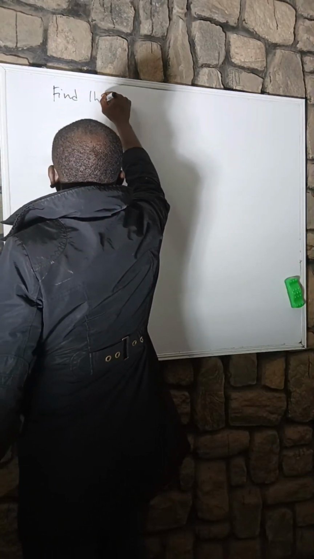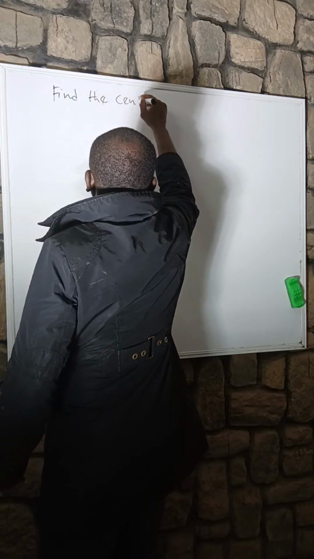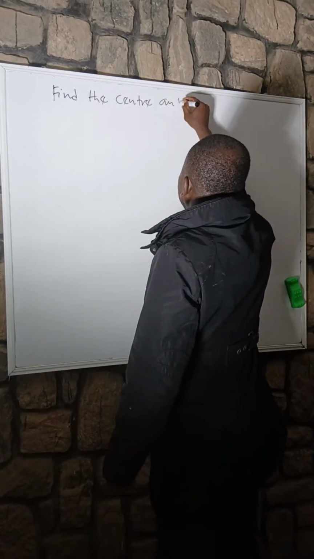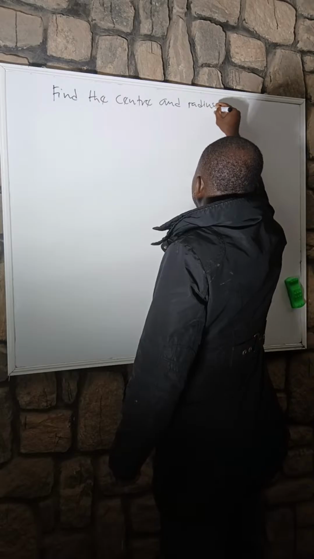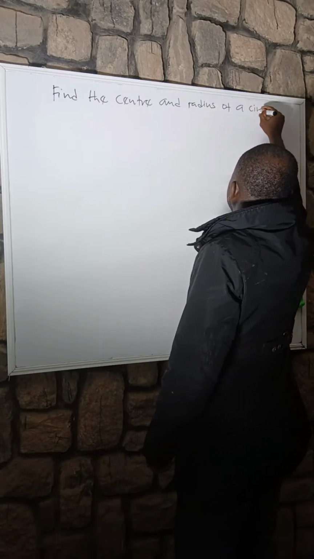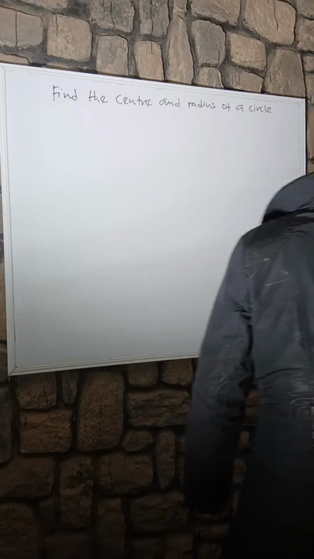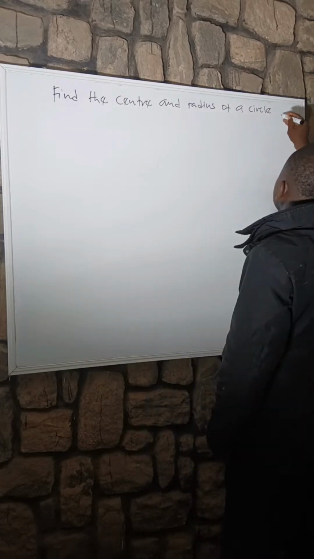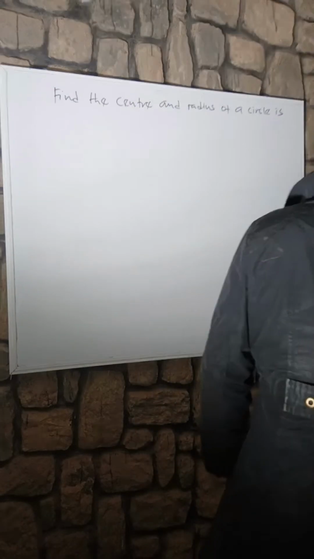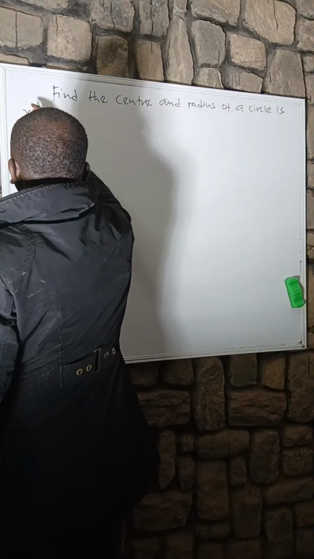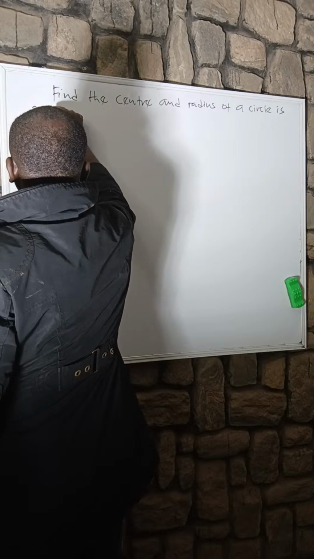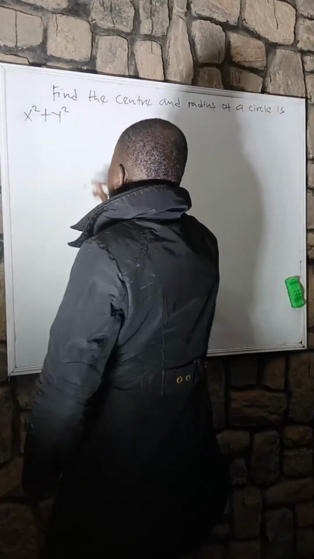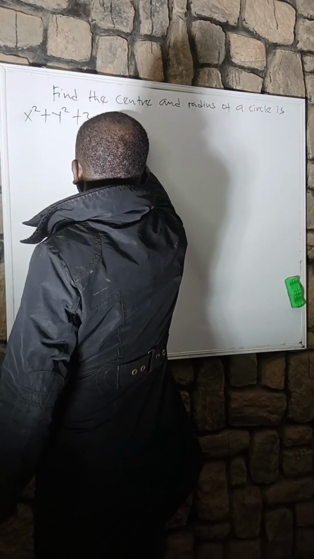Find the center and radius of a circle. The circle is x squared plus y squared plus 3x minus 8y minus 15 equals 0. Is that clear?